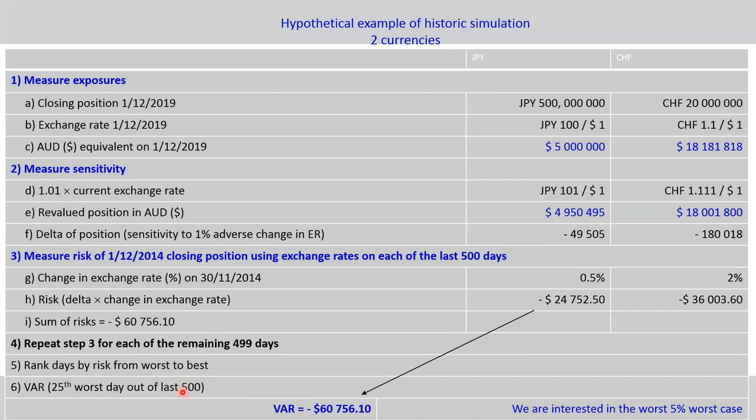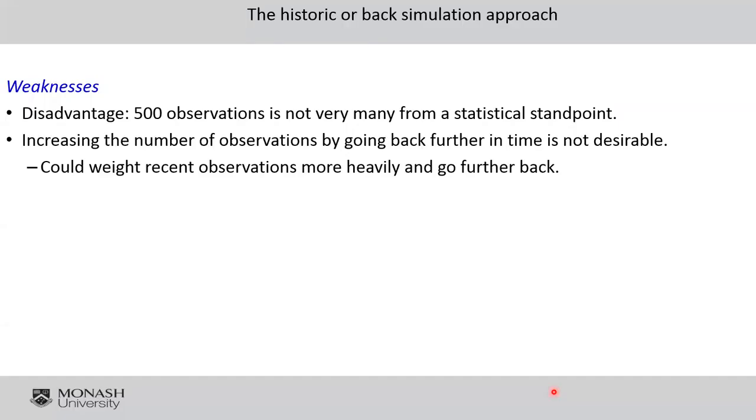You don't have to worry about it, but this is how we calculate the VAR, and this is how the historic, what we call back simulation, works. It's just the assumption of the delta, and then you calculate the change, transfer the change to dollars, sort them and take the worst 25 days. This is the back simulation.